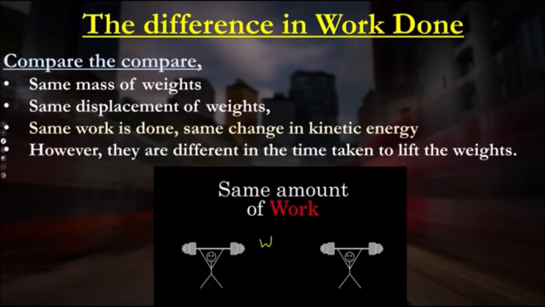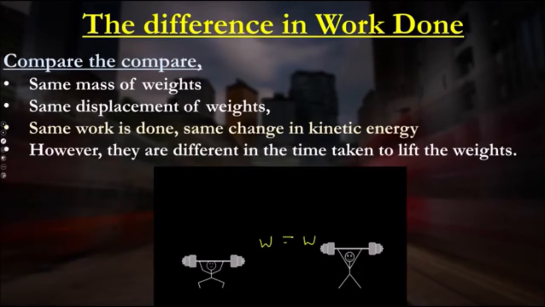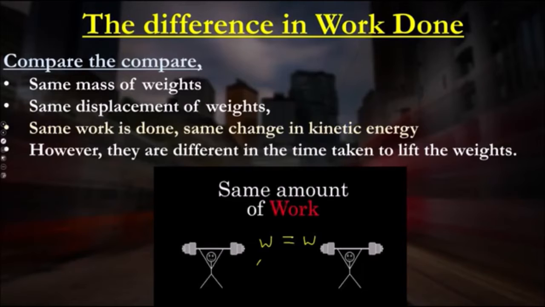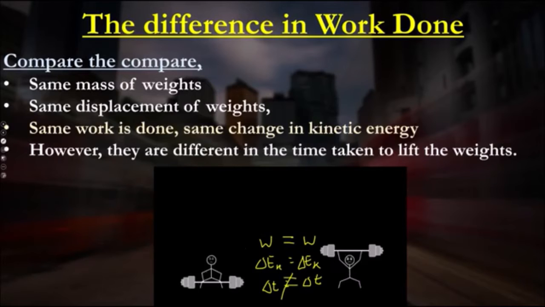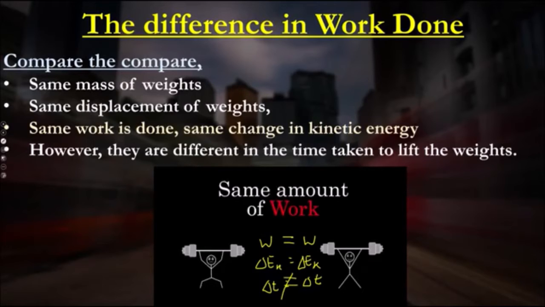So we know that the work done is the same on both sides. So the change in kinetic energy is the same on both sides. But what's not the same is the change in time to cause them to lift the dumbbells or the weights. And we define this rate of which energy is being used up to move something as power.